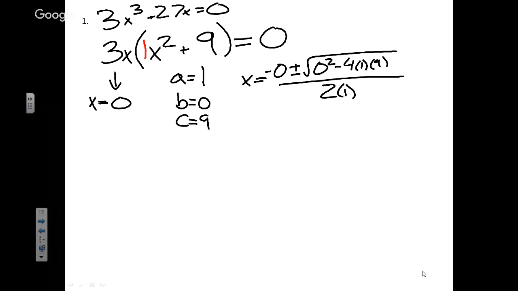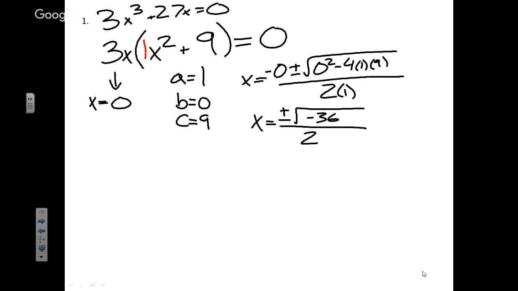The negative 0 is just going to give us 0, so that can just go away. What's 0 squared? It's just 0. So then we're left with the negative 4 times 1 times 9, which gives us negative 36, and then all divided by 2.